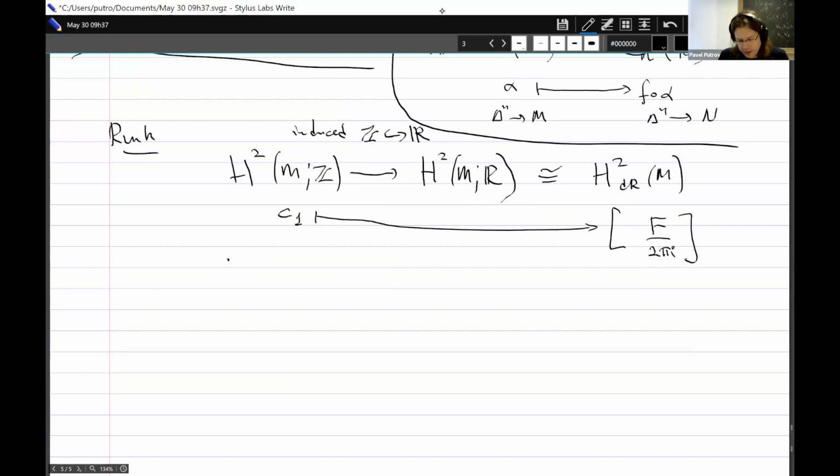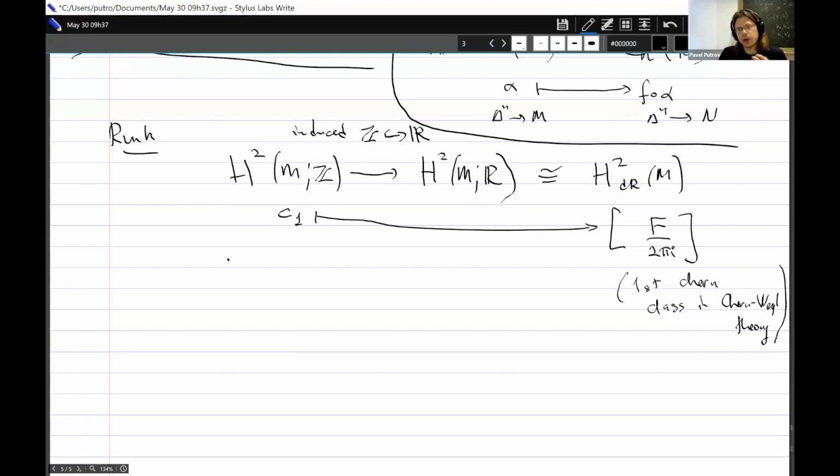And this is the first Chern class in de Rham cohomology, defined by what is called the Chern-Weil theorem.